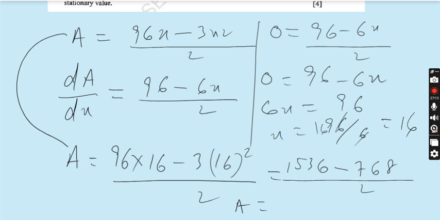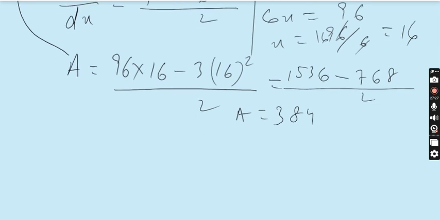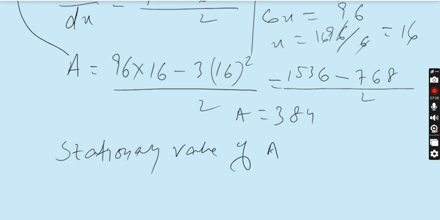So 1536 minus 768, divided by 2 is 384. 384 is the stationary value of A. This is the requirement. Stationary value of area is equal to 384.